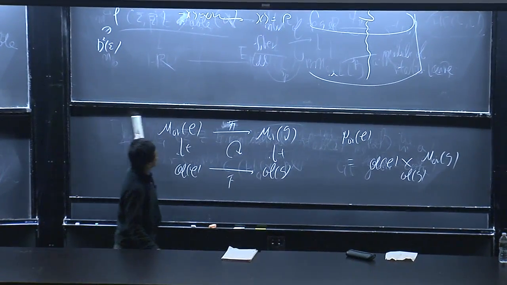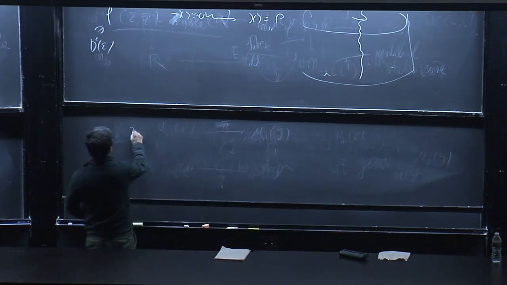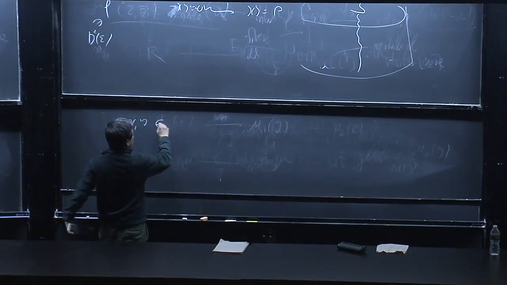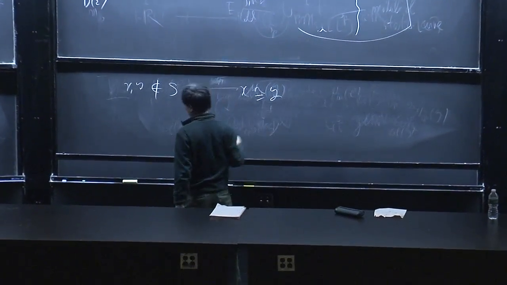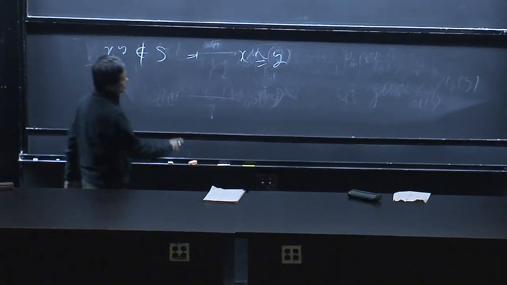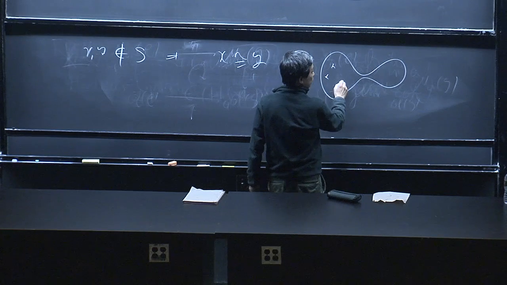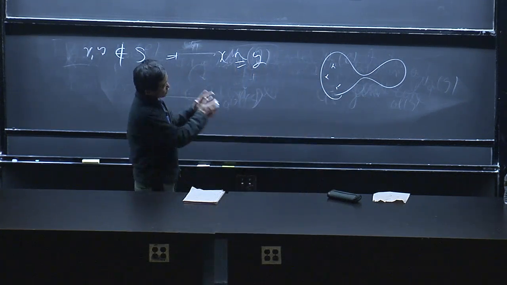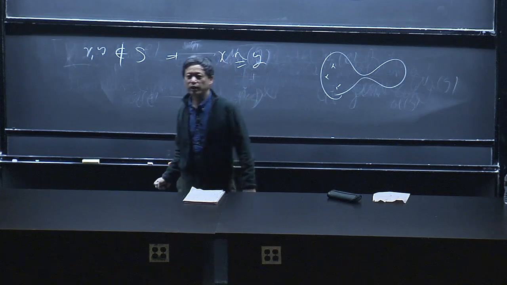If you consider 2 points x, y which are not in S, then actually x is isomorphic to y. Because if you resolve this singularity, you have this kind of situation. Then this is an S2 with 3 marked points. Of course, there is no moduli at all.